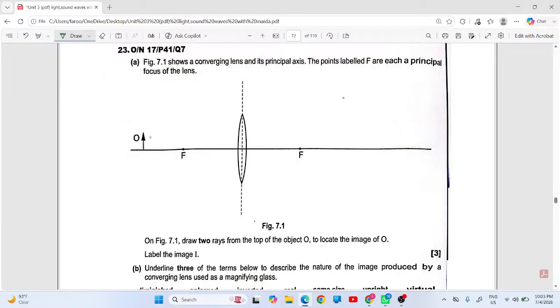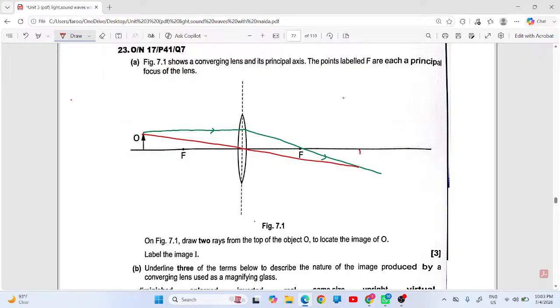तो आपने बच्चे क्या करना है, द वन रे शुड बी पैरेलल, और पैरेलल रे क्या होगी, फोकस से पास होगी, इस तरह से the second ray fall on the optical center, it will go straight without any deflection.